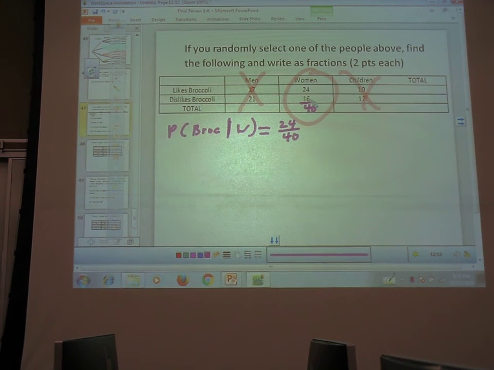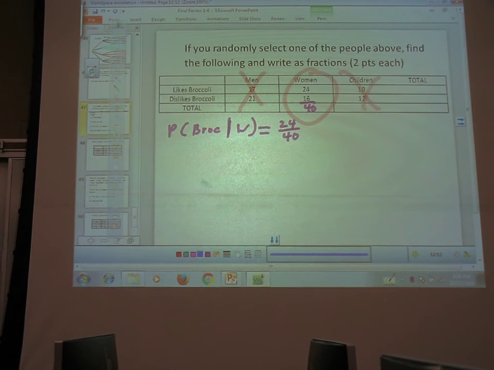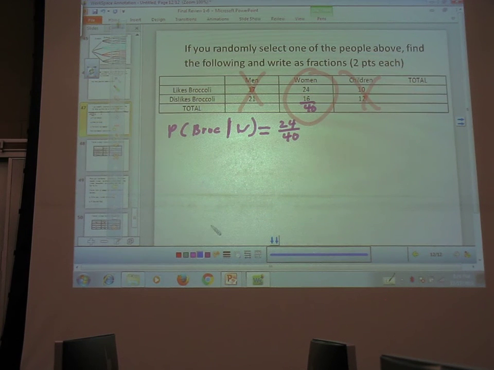And the last one was independent. Are broccoli and women independent? Remember, independence is all about proportions. Chapter 12 was all about proportions. Is the proportion who like broccoli the same as the proportion who like broccoli given women? So are the ratios the same? Is 24 over 40 the same as 51 over 100?